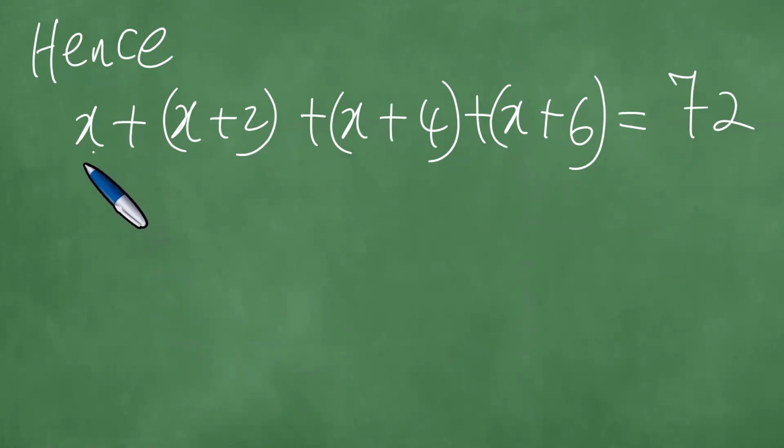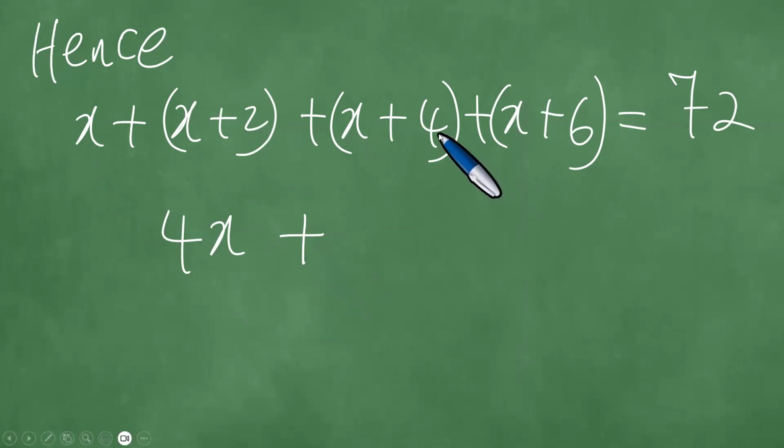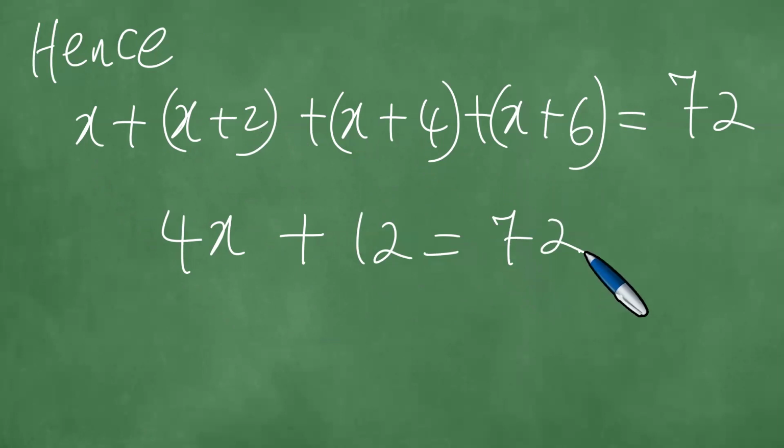And then now, if we add all these, x plus x plus x plus x will give us 4x, plus 2 plus 4 plus 6 is 12, and this equals 72.